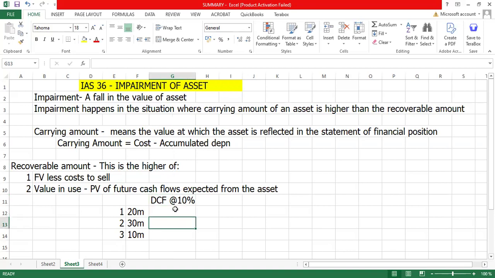So how do you discount? Because you're not provided with a table. You use a formula: 1 plus R, then power negative n.